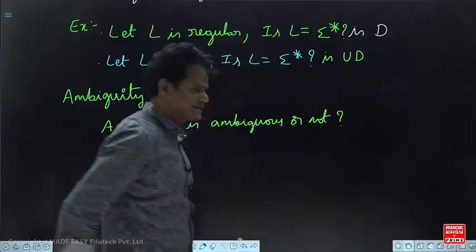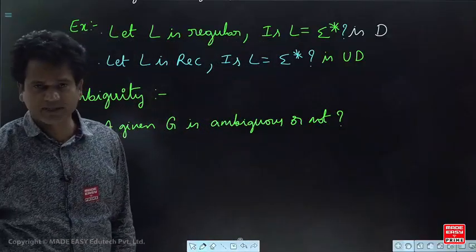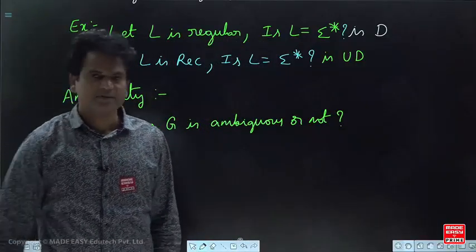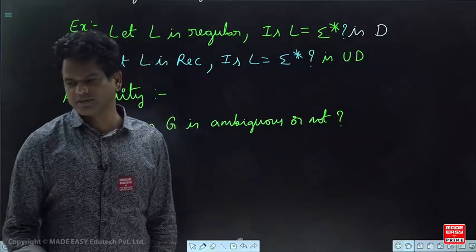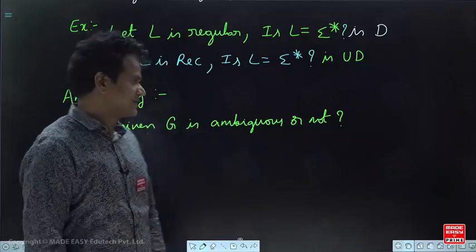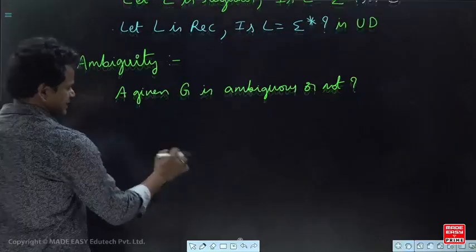So what is ambiguous? Those who have attended my compiler design class already know, and those who have not attended, we will see in CD. Now, a given grammar is ambiguous or not.